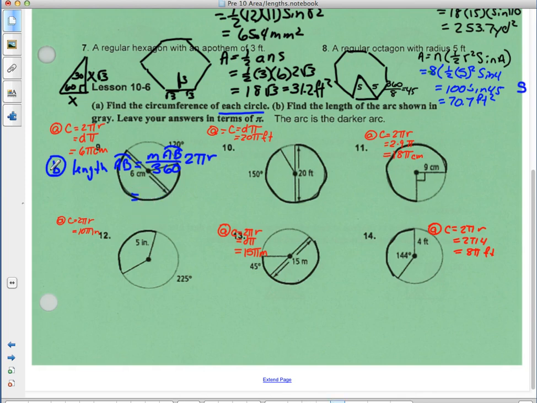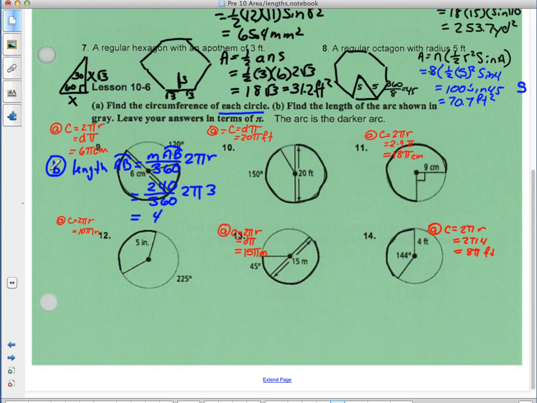So we have this is 240 over 360, 2 pi times r, which is 3. Okay, so if we take that 240 divided by 360 times 6, we get 4.